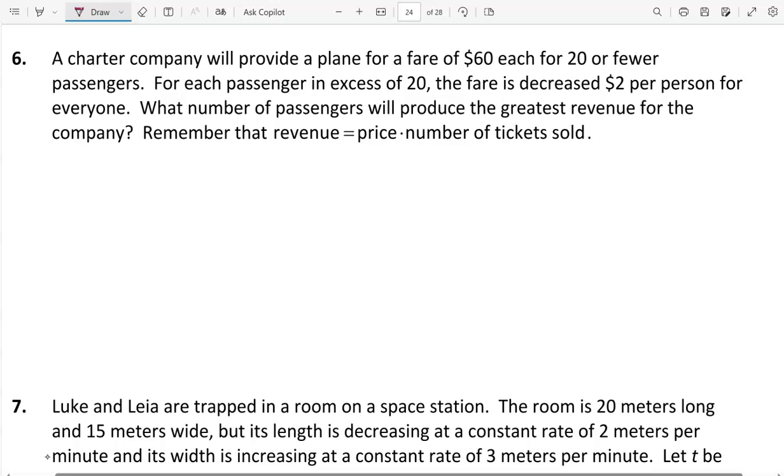If you want, you can create a chart for this one if that helps to organize the information and uncover the pattern. For this, I'm going to leave this first column blank.